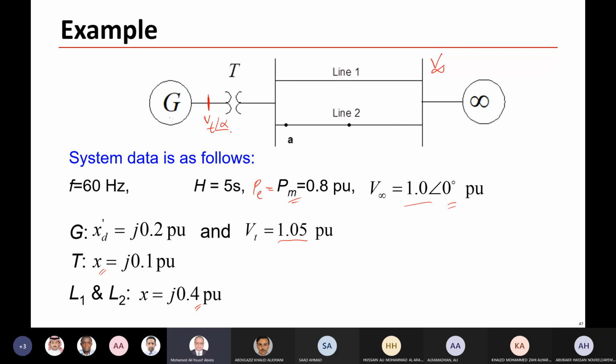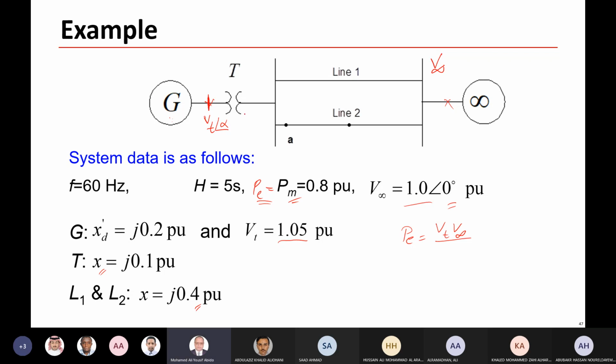Okay, how to get the angle? We use the power equation. P_e equals, between 2 points, you have the voltage here, you have the voltage here, and you know the transfer impedance in between, so you can implement. How much is the transfer impedance between the terminal and the infinite bus?